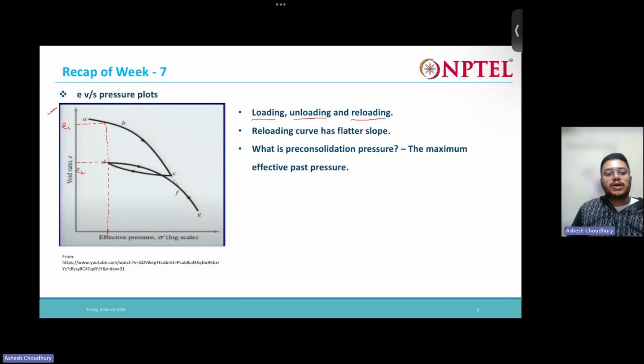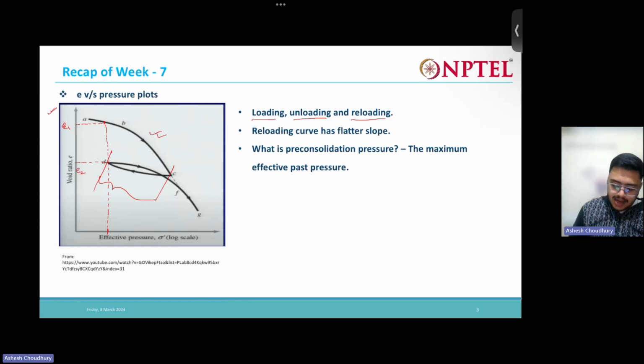All right. So again, what we do? Again, we load. So this curve EFG is nothing but the reloading curve. Okay, and if you observe properly, the reloading curve has a flatter slope. This initial reloading portion has the slope a little bit flatter, and in the loading portion you can see the slope is quite steep.